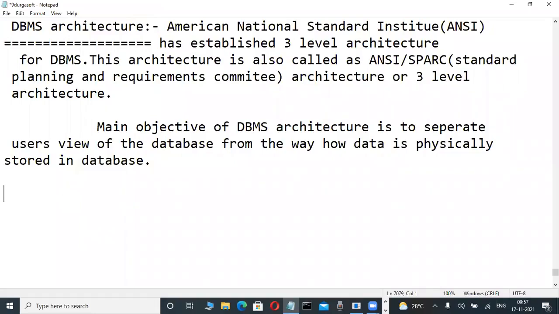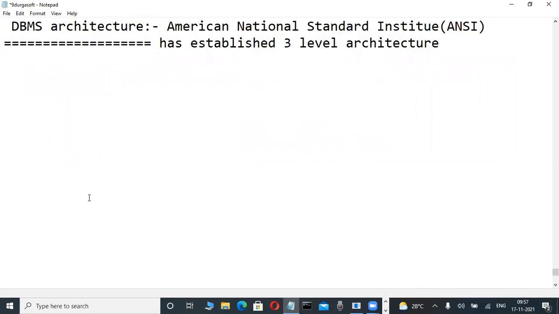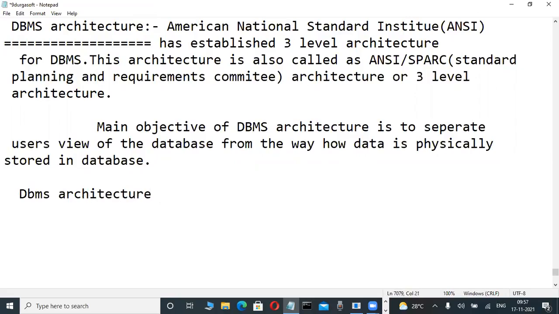Now write it. DBMS architecture has three levels. These are: first one, conceptual level, most powerful.